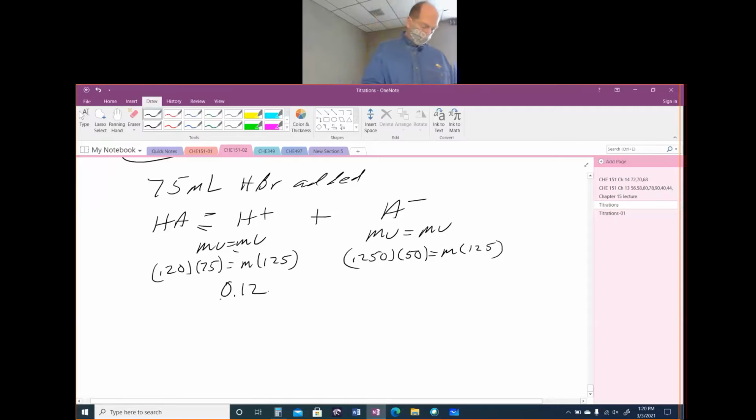The A minus, 0.25 times the 50 divided by the 125, and that is 0.1. HA is 0. Again, that is initial. You must get a new initial because nothing on the right is 0. So the lower number in this case is your 0.10.